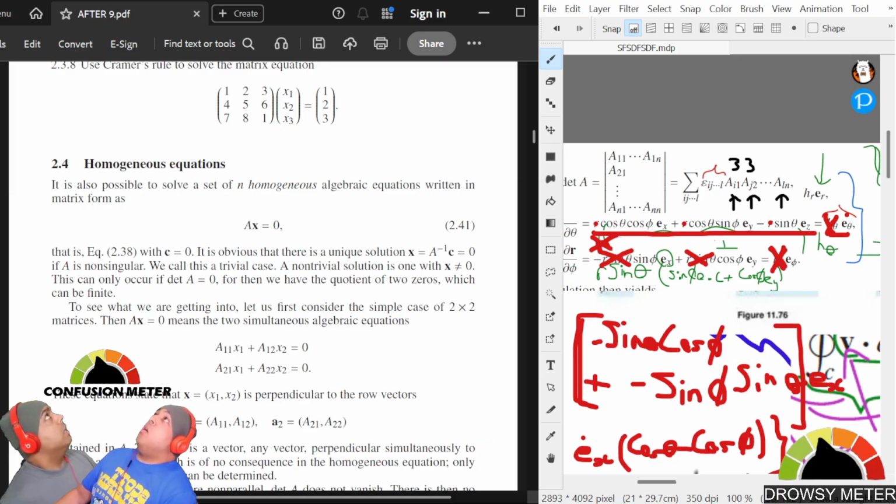Homogeneous equations. It is also possible to solve a set of n homogeneous algebraic equations, written in the form Ax equals 0.